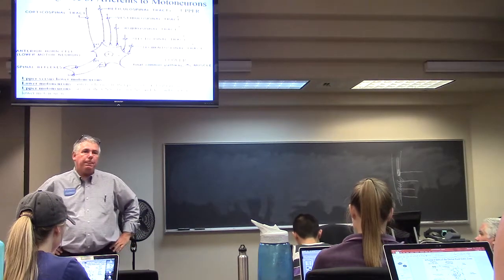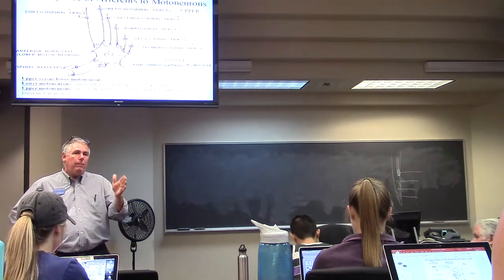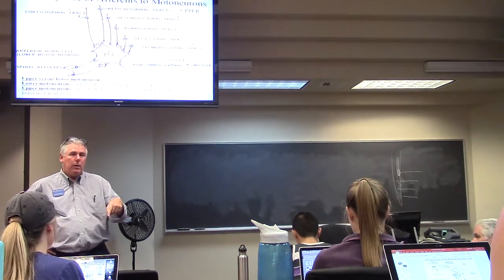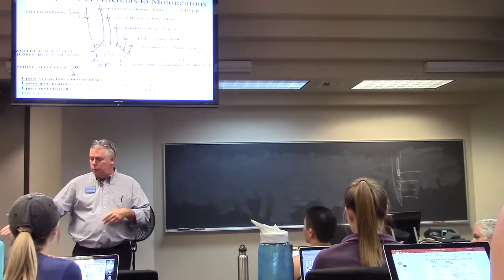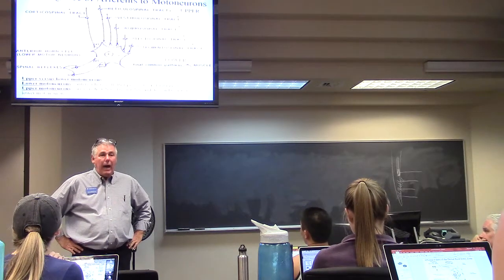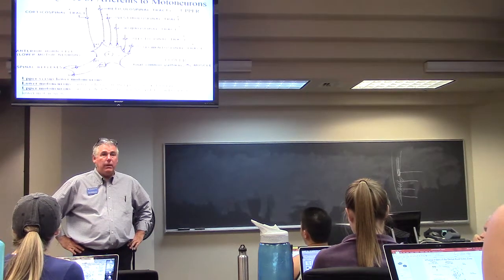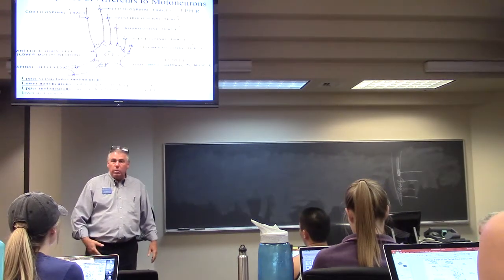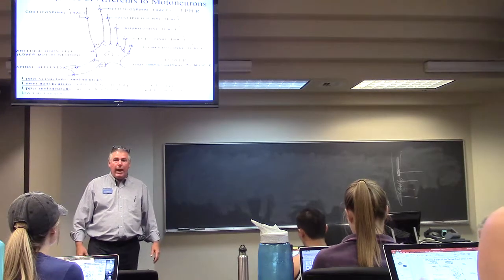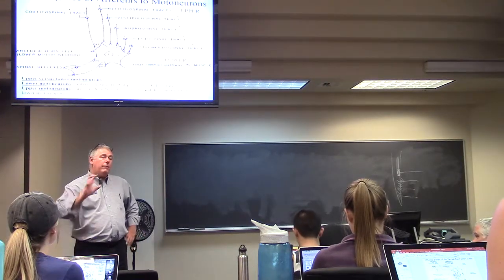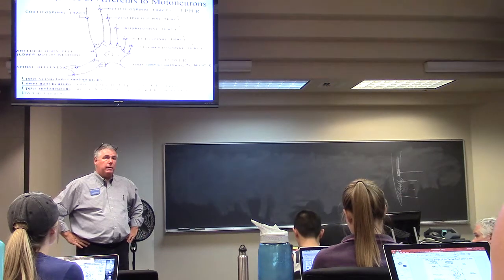Here's the point. If I have a lower motor neuron lesion, if I interrupt the reflex arc, what do you think happens to a deep tendon reflex? It becomes hyporeflexive. It doesn't work. You have no motor cells to kick out. What happens if you have an upper motor neuron lesion?